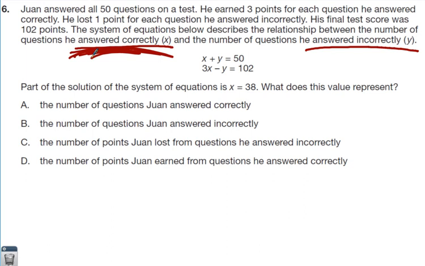Knowing that x, all you have to do is notice that x was the number of questions that he answered correctly. So is it A? Number of questions he answered correctly, x equals 30. Yep. Huh, that's funny.